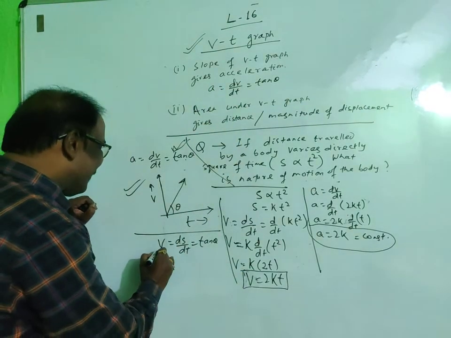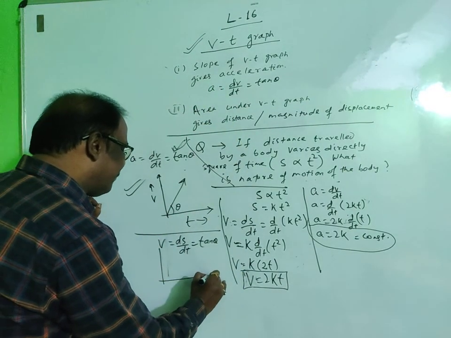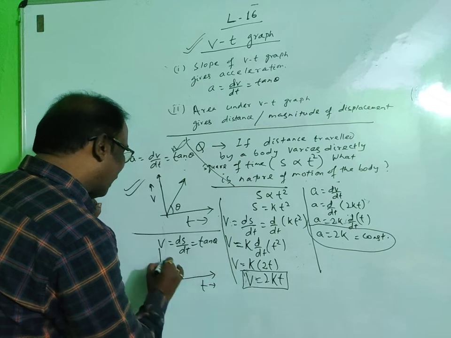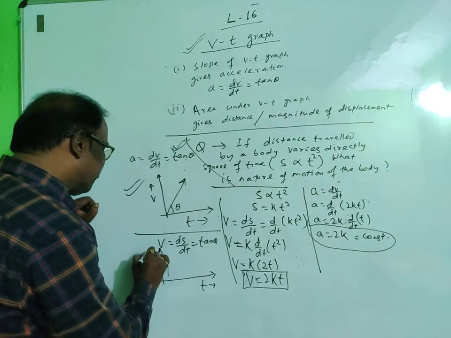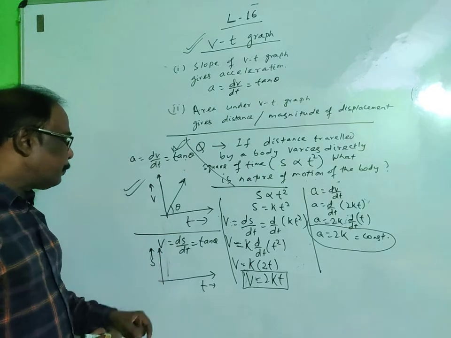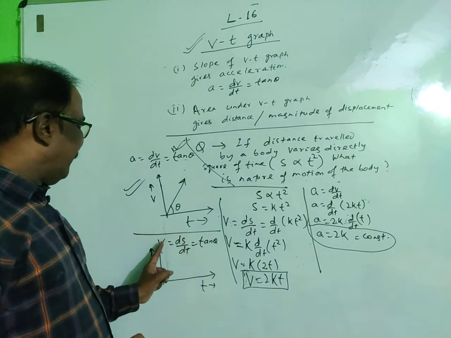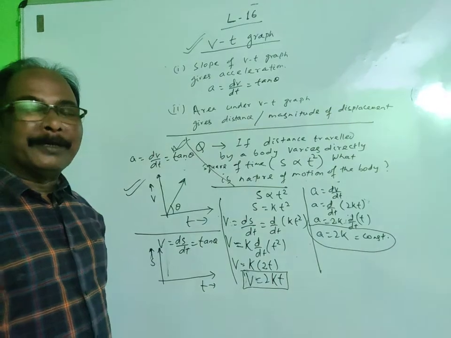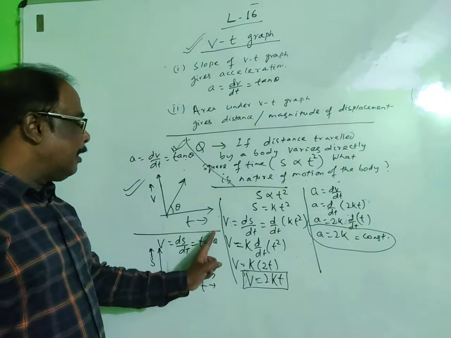Then the nature of the St graph, with time axis and displacement axis. We have to show increasing velocity, which means accelerated motion.